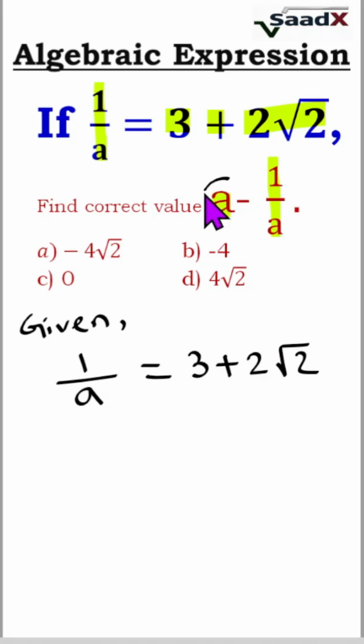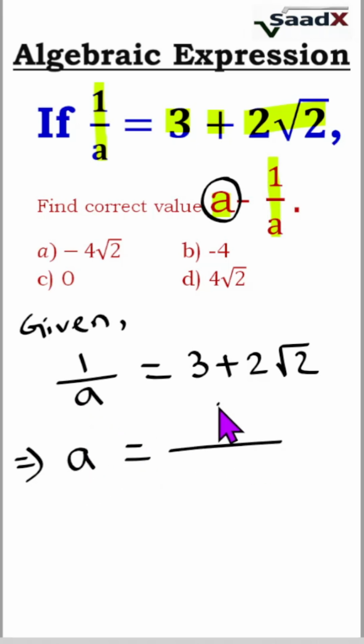But we also need the value of a. Therefore, we can write a equals 1 by 3 plus 2 root 2. It's the same thing, right?